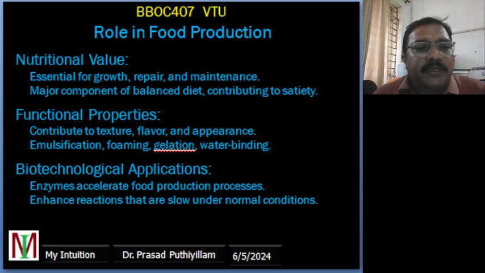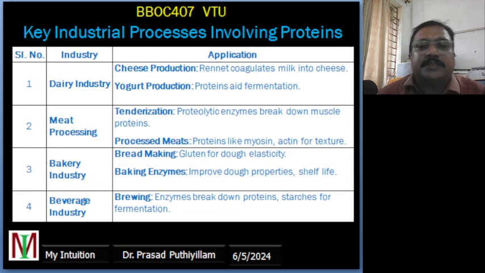Now biotechnological applications. In biotechnological applications, proteins, particularly enzymes, are used to enhance the food production process. Enzymes can accelerate reactions which could otherwise be too slow under normal conditions. Now the industrial processes involving proteins, first the dairy industry, in cheese production.